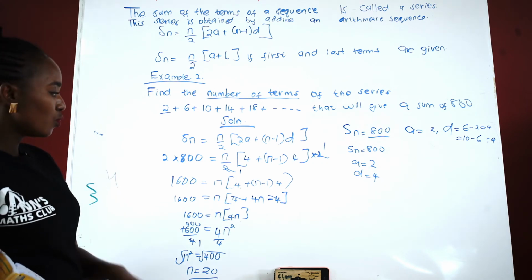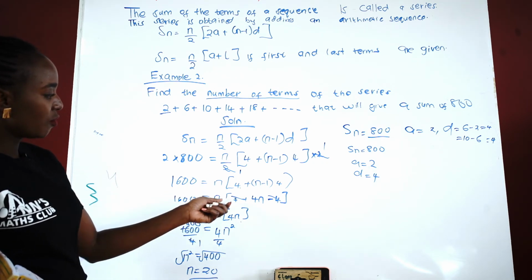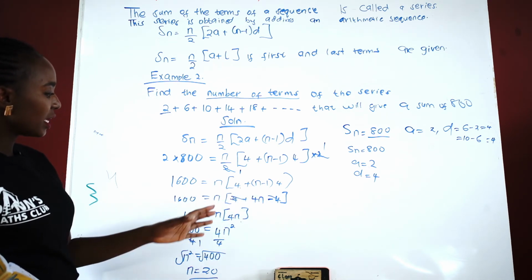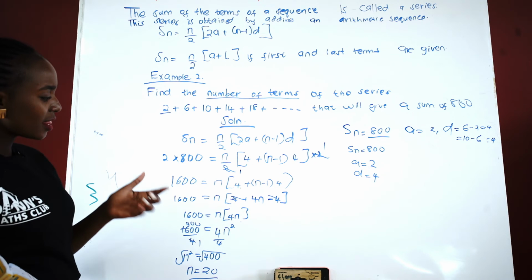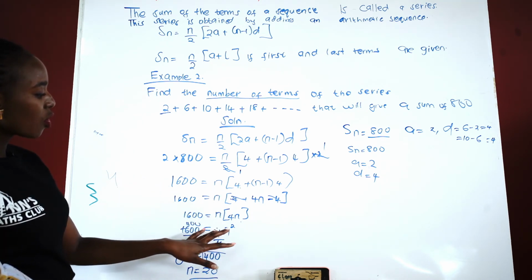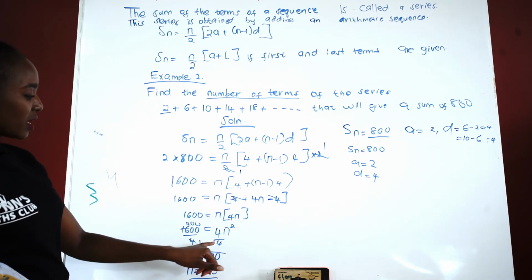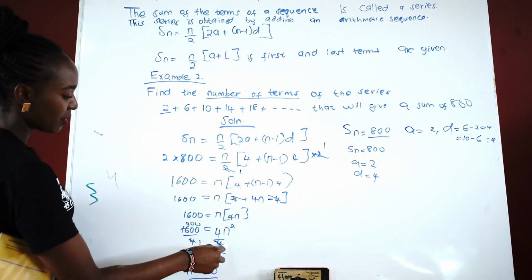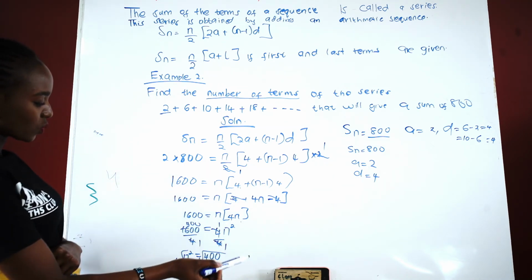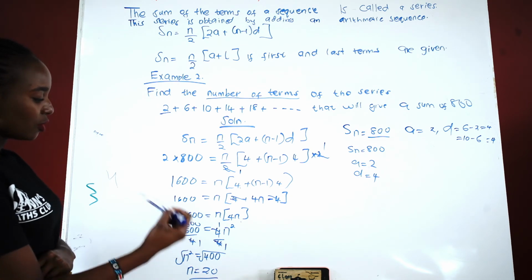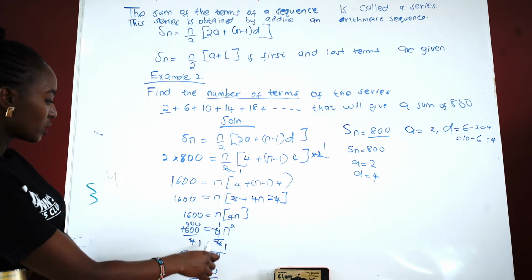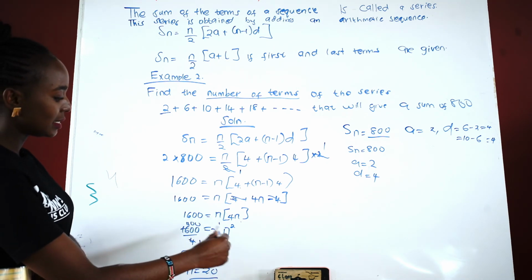Then you can cancel out like terms, 4 and 4. That 4 minus 4 is 0, so that goes out and you're left with n into 4n. Then you open the bracket. What is n times 4n? It becomes 4n squared. Then we divide by 4 on both sides, and we're left with 400. Since n squared equals 400, to remove the square, you take the square root on both sides, and your n is 20 terms.